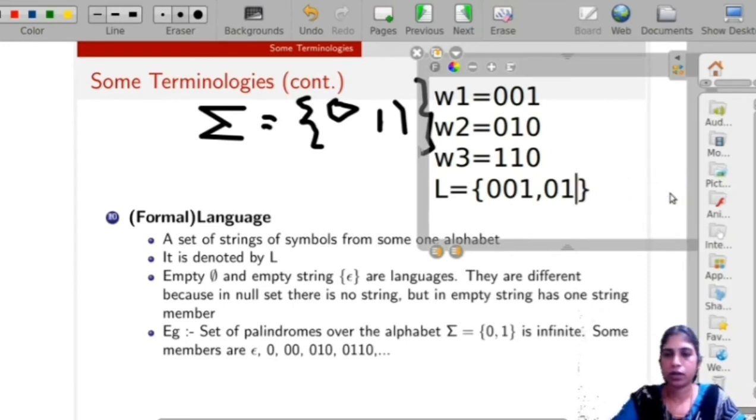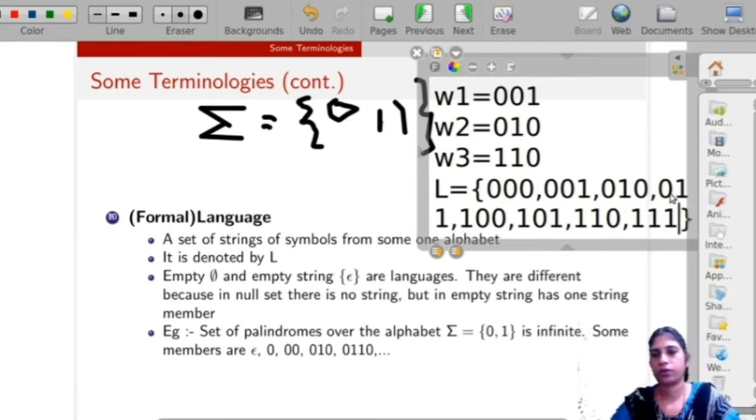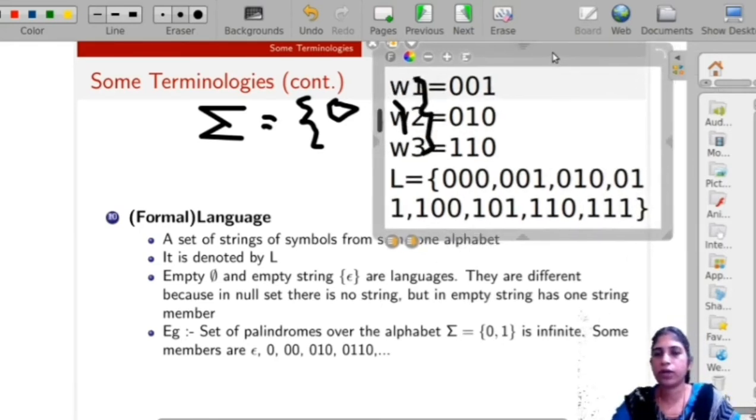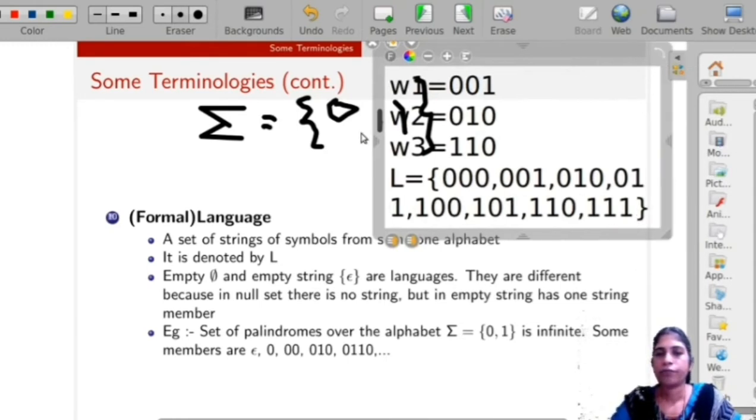The strings are actually 000, 001, 010, 011, 100, 101, 110, 111. These are the strings of length 3 in the alphabet sigma equal to the set {0, 1}. So this is a language.